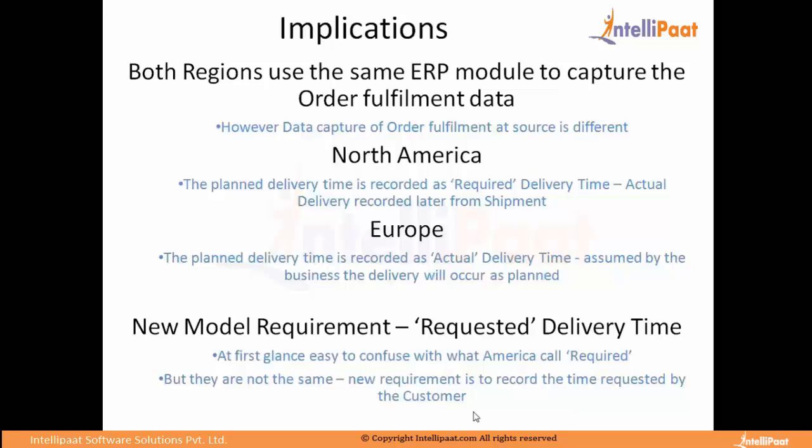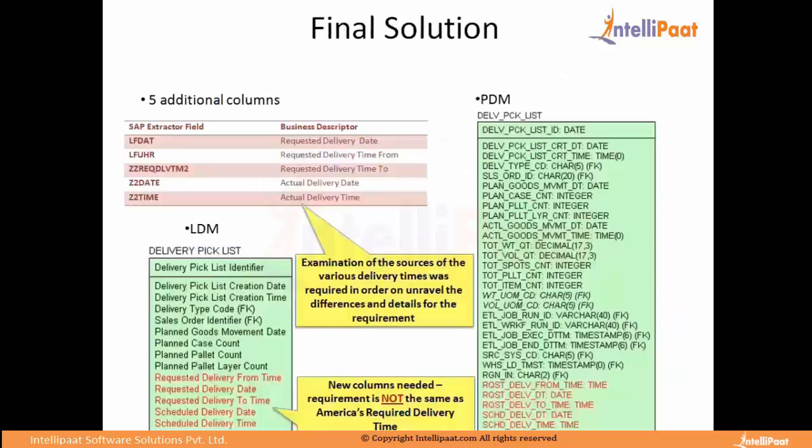The required delivery time is very different from this time, so the definitions of both fields are different. What I'm trying to explain is that the definition of the same delivery time is different in different contexts. You will only come to know this if you do a very thorough business requirement analysis. I showed here that these were the 5 additional requirements, columns to be added.